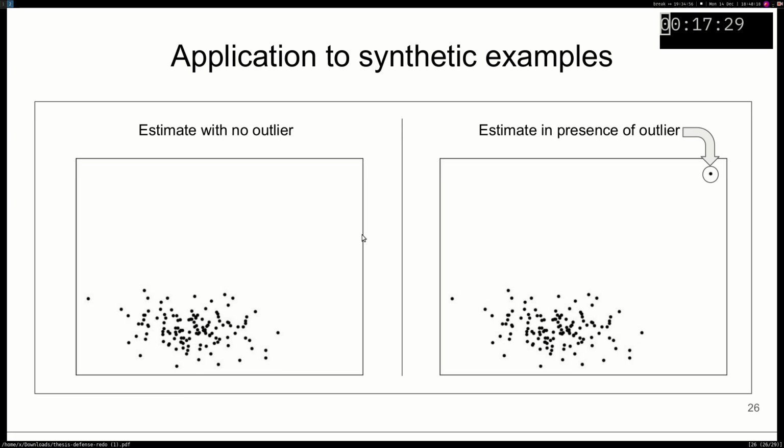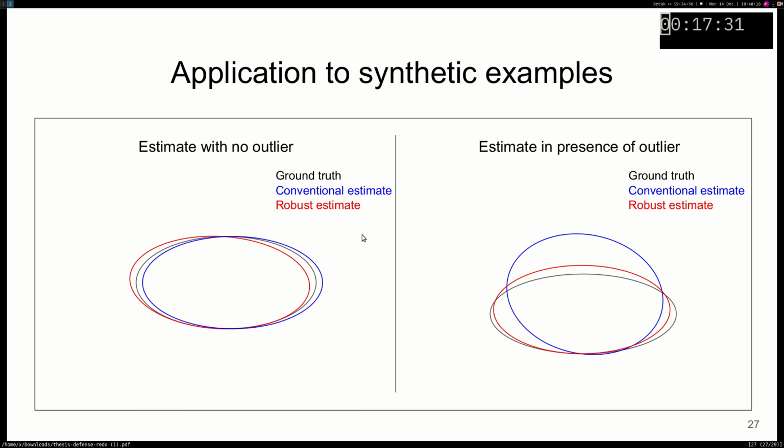The ground truth is the covariance and distribution with which the data was generated. The conventional estimate is what we get when we use the L2 distances, and the robust estimate is what we get when we use L1 distances. In the case where there is no outlier, these are fairly close by. But as you can see, in the presence of an outlier, the robust estimate still stays fairly close to the ground truth, whereas the conventional estimate deviates significantly.